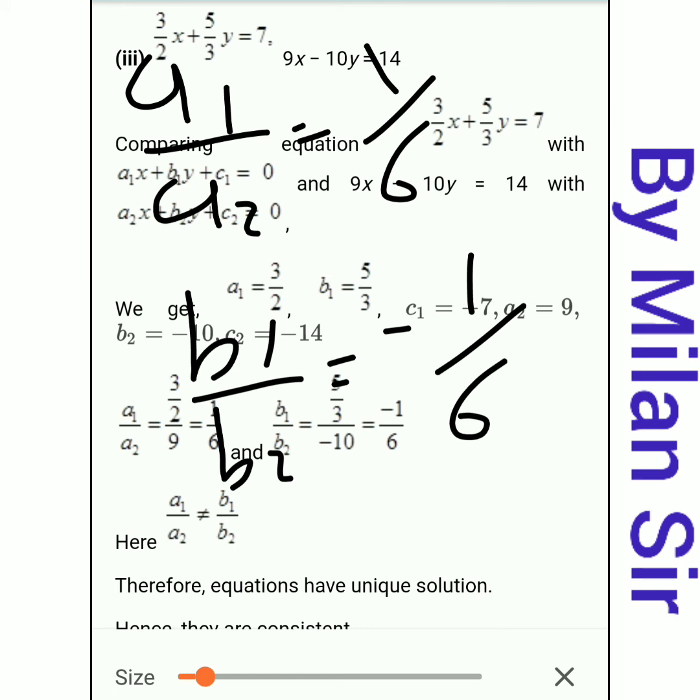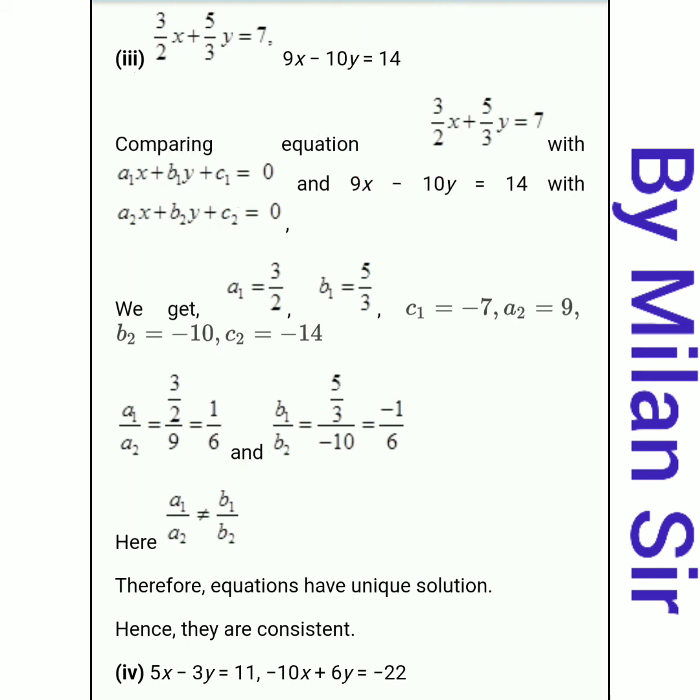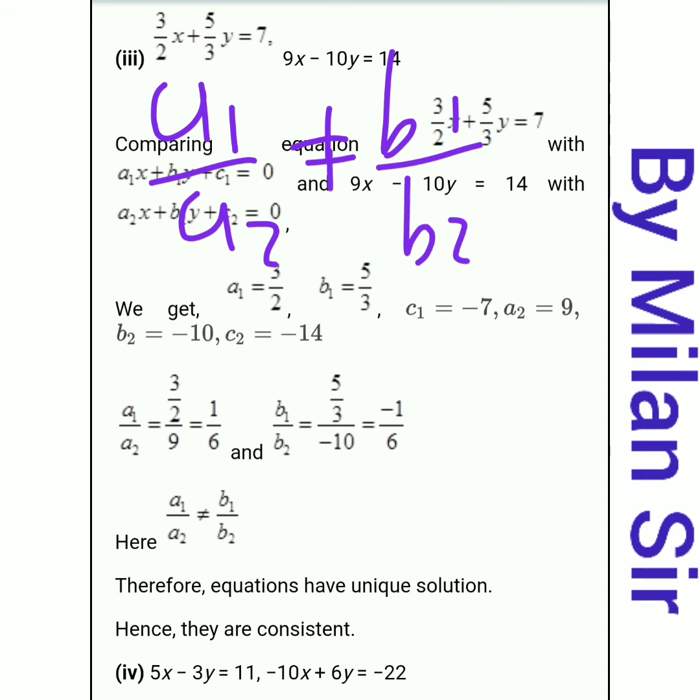Plus 1 by 6 and minus 1 by 6, it is not the same, right? So these two ratios are different. So we can write like this: A1 upon A2 is not equal to B1 upon B2. If A1 upon A2 is not equal to B1 upon B2, then we do not need to find out the third ratio, right?